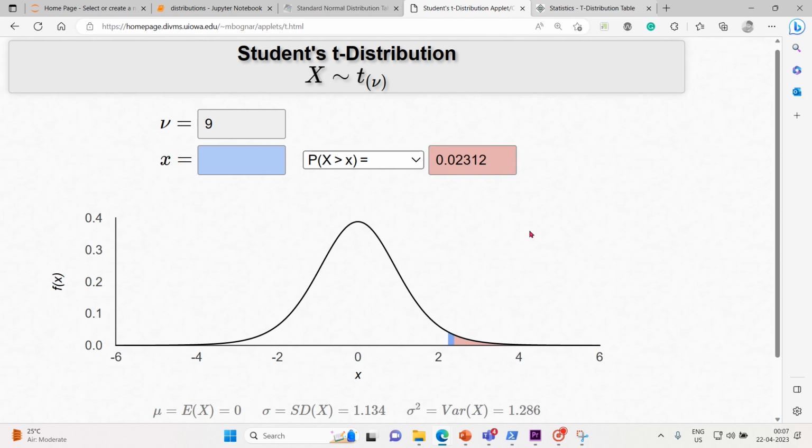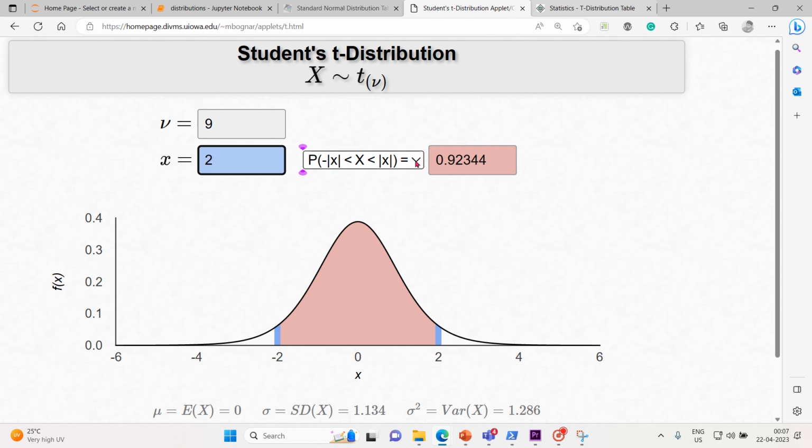I just want to show you that for the 2.31 t statistic, it's not that here we got the probability value, but if you give some x value, it will be converted into that t, and the probability of that x is this much. That's what I'm trying to show you here. Let me give some 2.